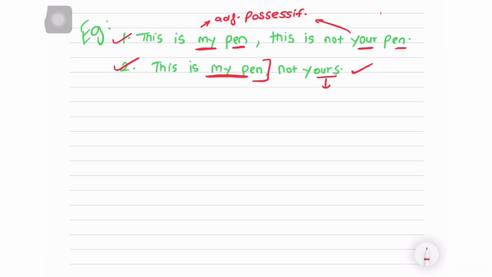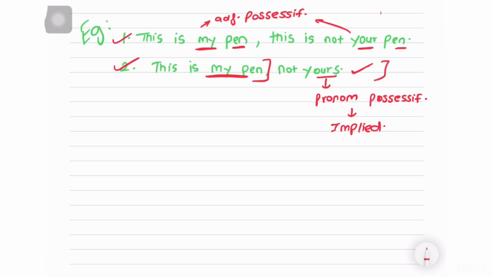Here, the yours is what we call pronoun possessive. We know that we're talking about the pen, right? It is implied. But we don't have to say it again and again, my pen, your pen, his pen. We can just say his or yours or theirs, right? It is clear that the entire sentence is talking about the pen. So why say it over and over again?